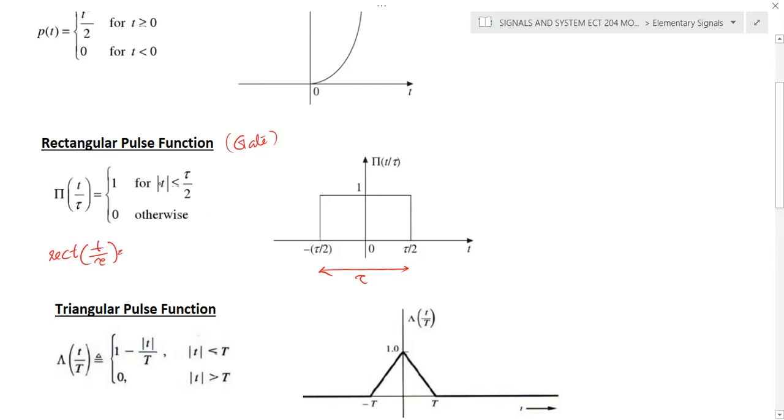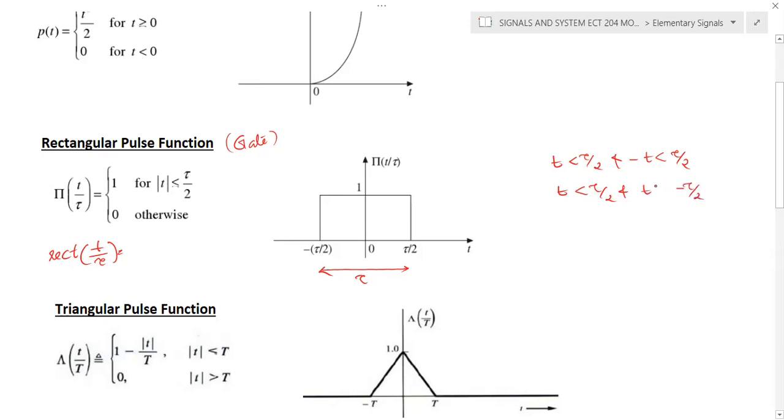And here you can see it is modulus of t less than tau by 2. Okay, so when you write modulus, it is actually indicating t can take two values, that is t less than tau by 2 and minus t less than tau by 2. And if you rearrange, minus t less than tau by 2, and if you multiply with minus, it becomes t and minus tau by 2.